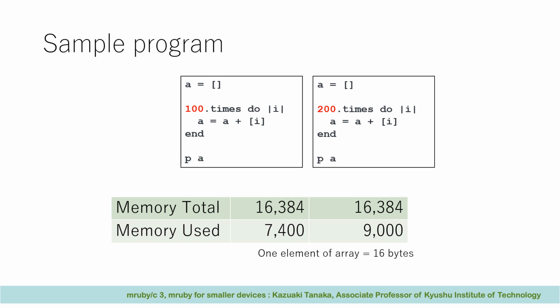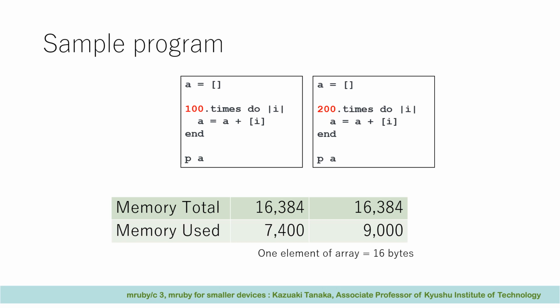This is another result of the sample programs. There are 2 programs. The left side is 100 entries of the array. The right side is 200 entries of the array. The difference is the size of the array. Memory consumption is of course different because the number of elements is different.